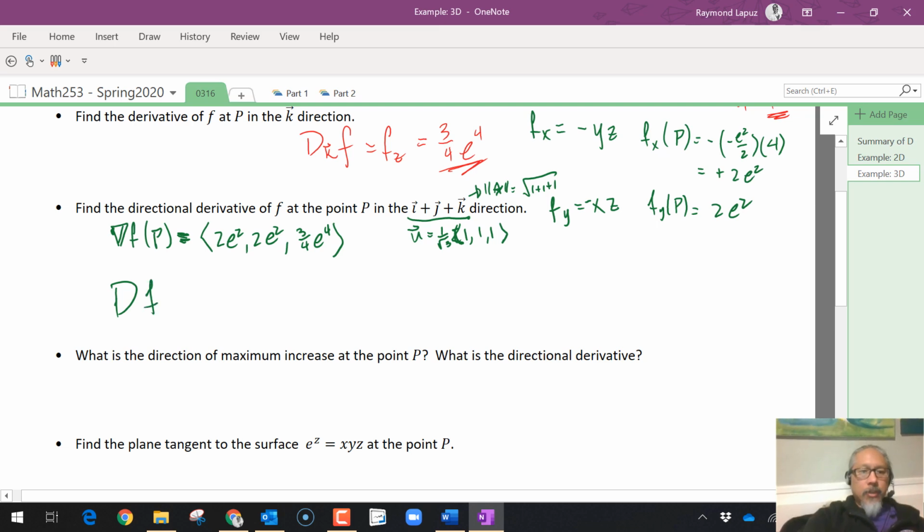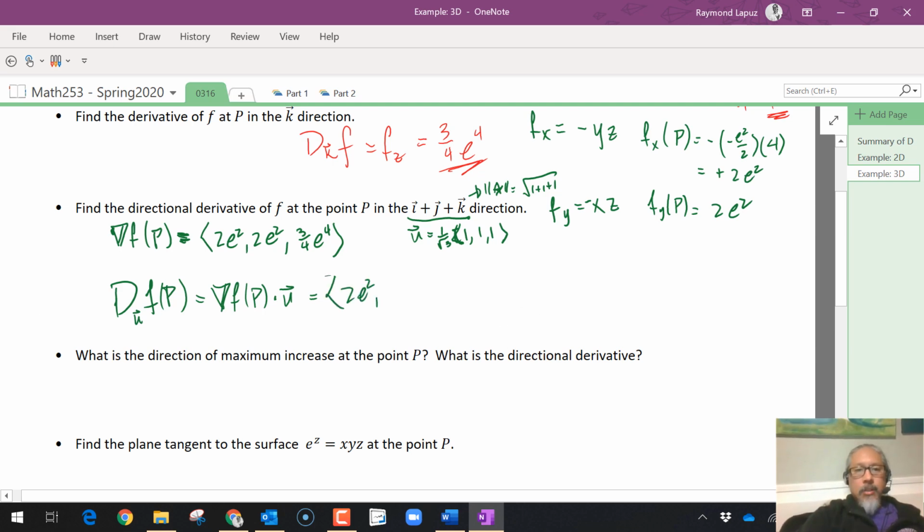Okay, so the directional derivative of f evaluated at P in the direction of u is going to be this dot product. So the dot product of the gradient of f evaluated at P dotted with u. So what is that?